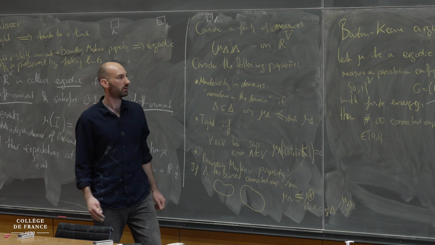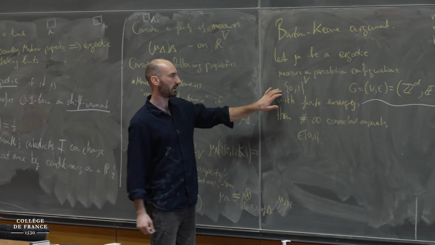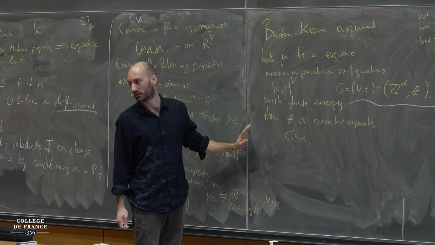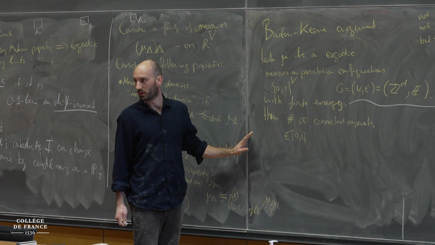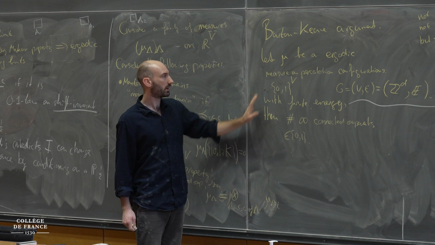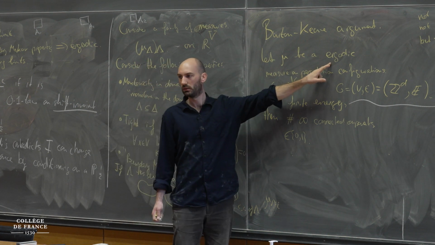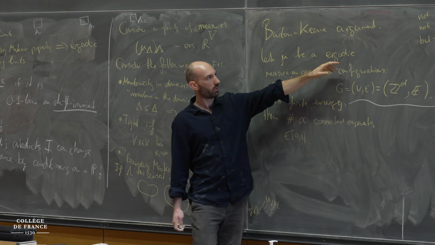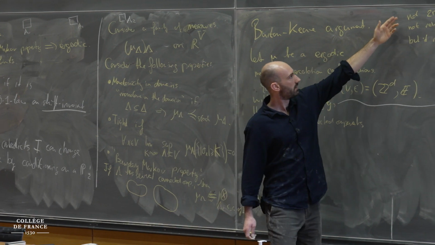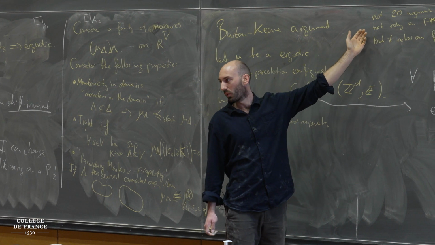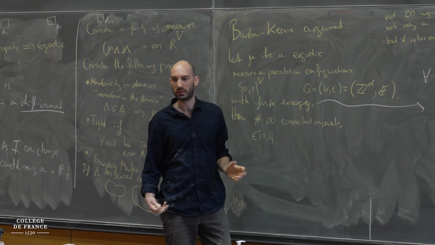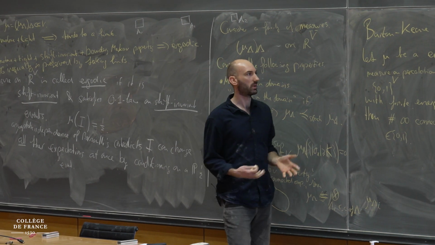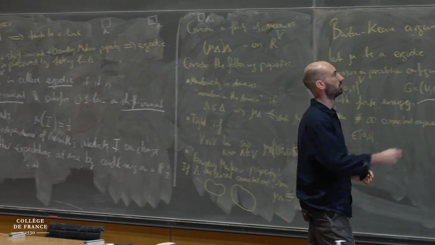I have a random subgraph induced by the open sites in this case, and I claim that the number of infinite connected components is 0 or 1. Of course, this number is constant because we are ergodic, so the ergodicity is an important input. In this theorem we don't use FKG, but implicitly we use it all the time to arrive at the ergodicity. So implicitly, it does play a role.